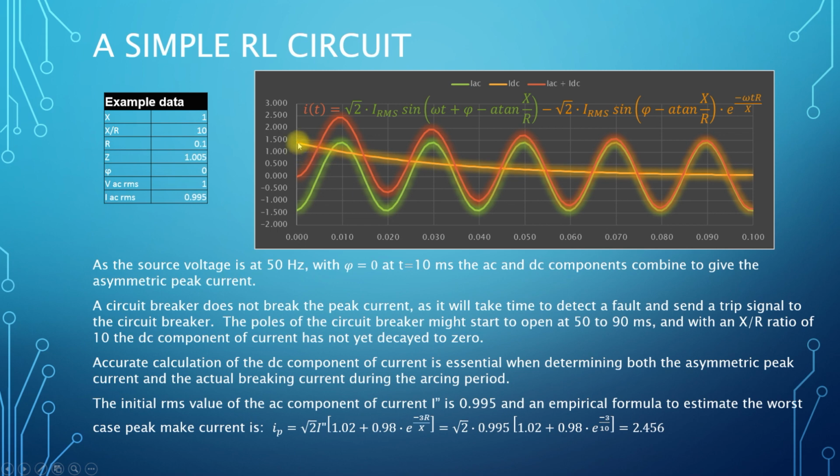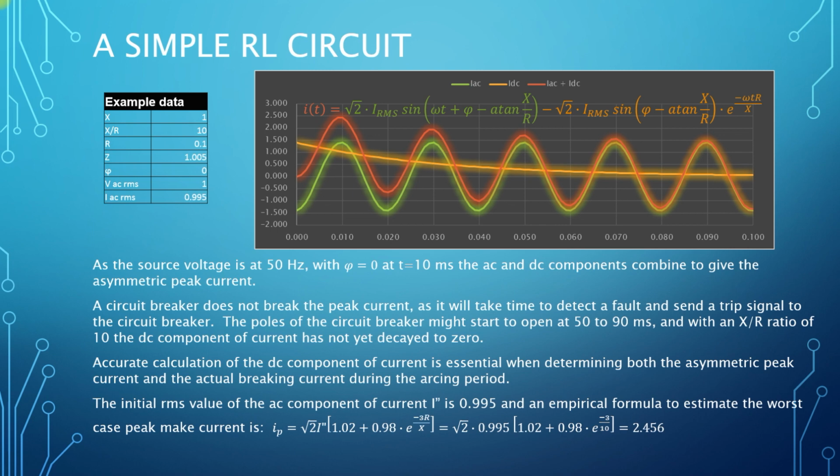The orange curve shows the DC component of current, and we add those two components together to get the instantaneous current, which is this red curve here. Now in this example, our power system operates at 50 Hz.